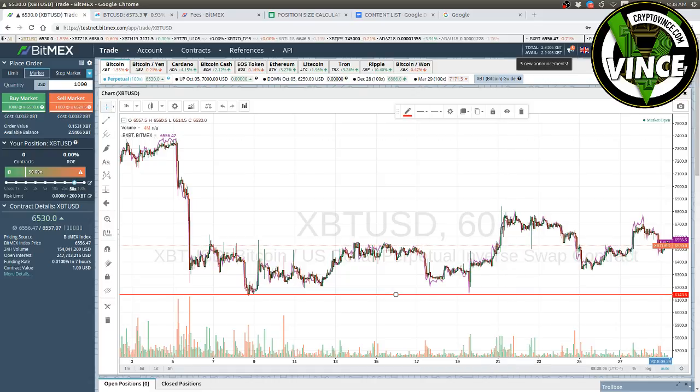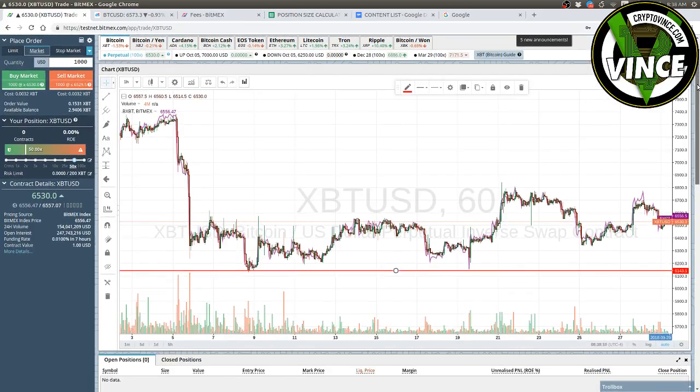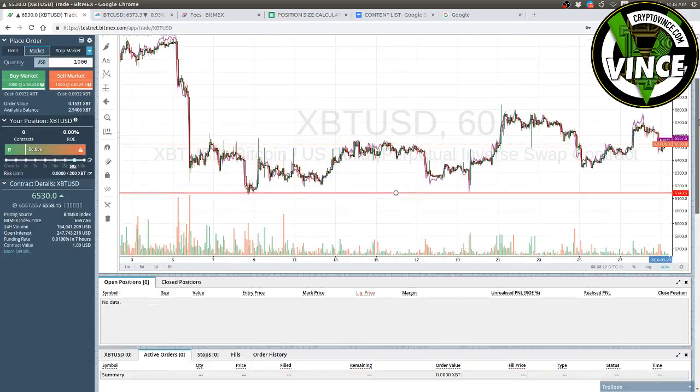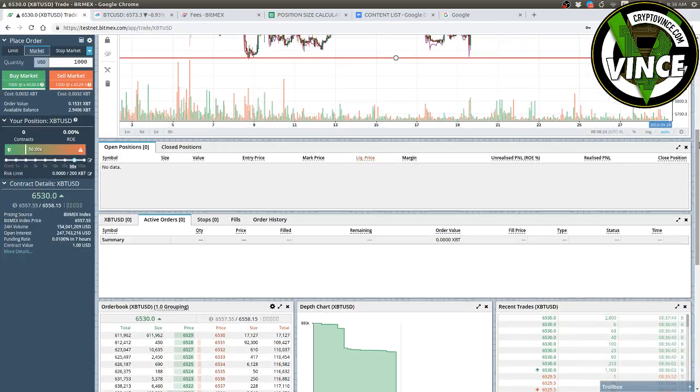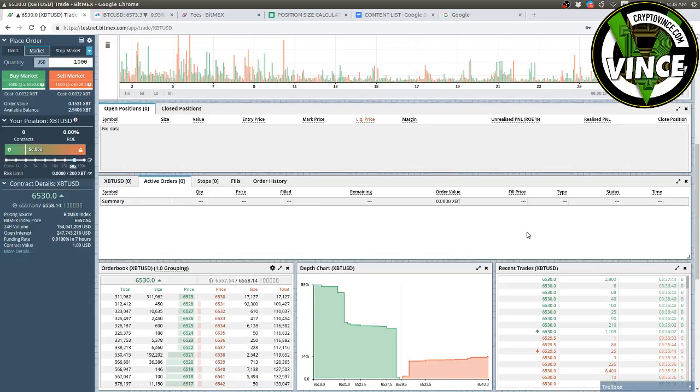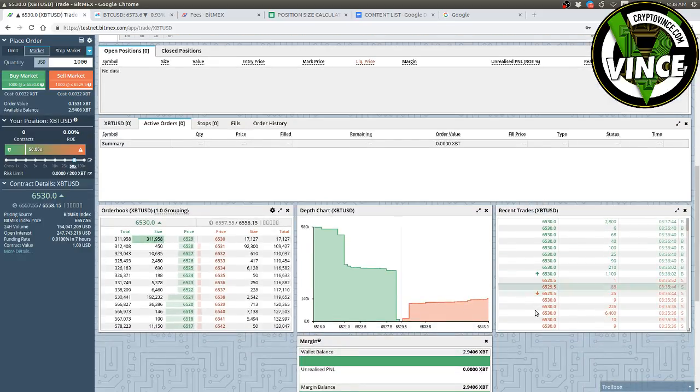You can actually make buy orders, stop orders, take profit, and trailing stops. You can do many things at the same time. That's why it's pretty good from this side, because you can be safe, placing take profit and stop loss at the same time too. So there is a way to be safe on BitMEX.